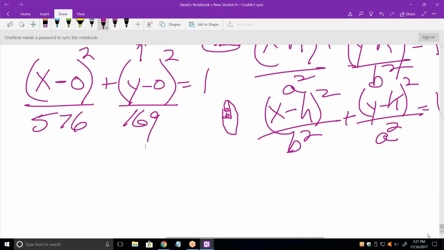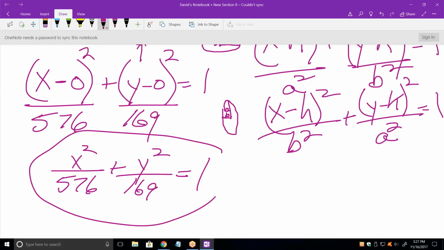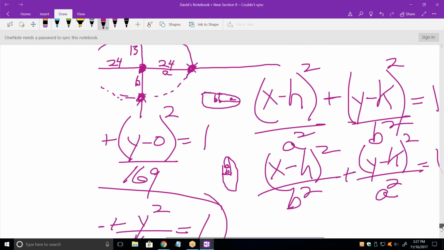169? Okay. Now let's simplify this a little bit. We don't need those zeros. Everything else is okay. So it's just x squared over 576 plus y squared over 169 equals 1. There's the equation of that support, if I were to graph it on the xy plane with the center of the ellipse at the origin, which is what I did.